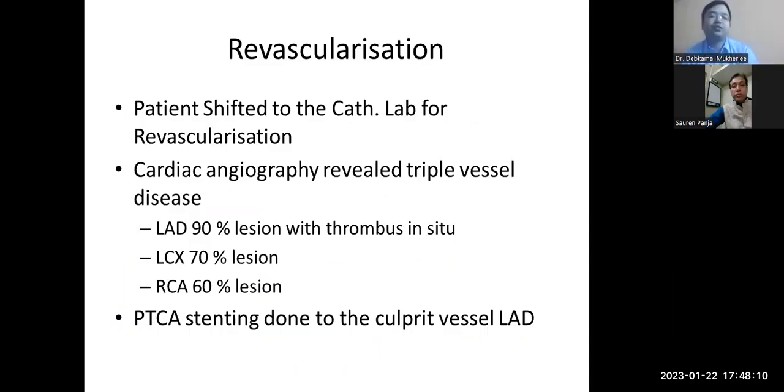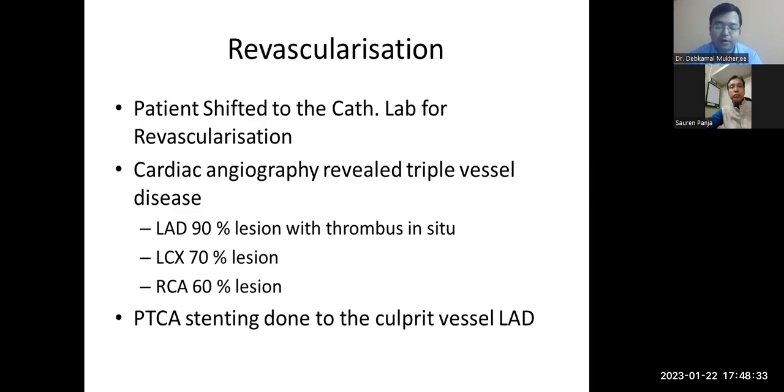So basically, revascularization was done to the culprit vessel. Though the other arteries were also stenosed, the LCX had a 70% lesion and the RCA had a 60% lesion, the culprit artery for this patient was the LAD, because it was showing a 90% blockage along with thrombus in situ.